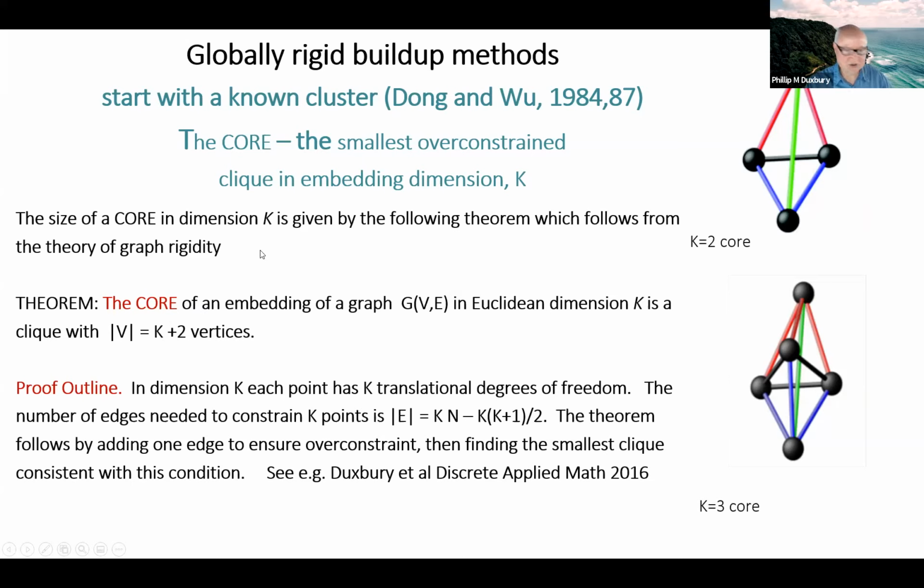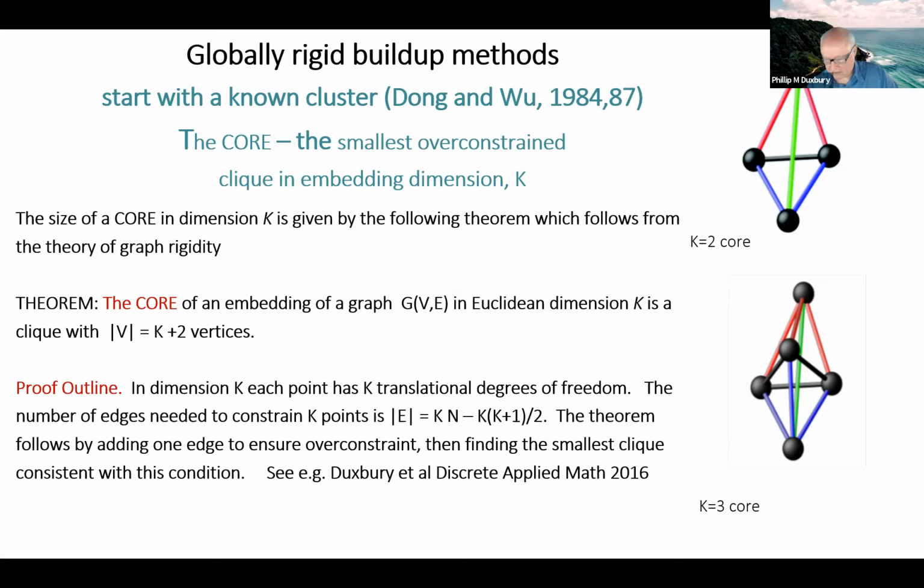I mentioned already that in the Liga algorithm, we found that the early stages of the algorithm were horrendously slow. That's because you can't be confident in a structure until you have a certain size of structure where you have a redundant bond. So a core we define as the first clique in dimension K that has a redundant bond.